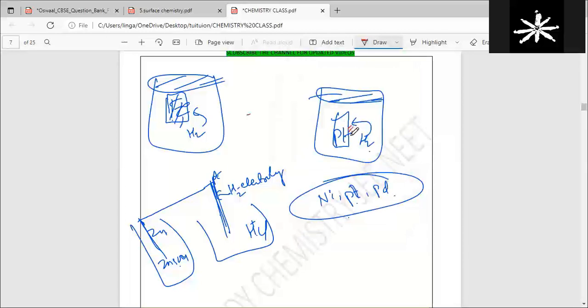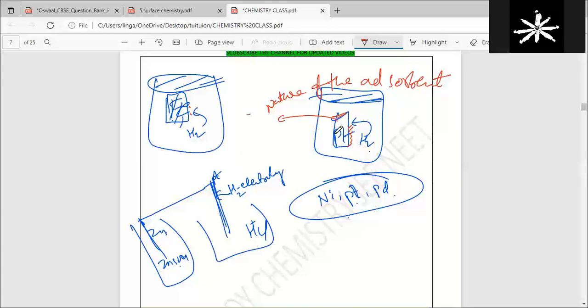Here more adsorption is there. Here almost no adsorption. So from this, what is our observation and conclusion? Nature of the adsorbent is important. Nature of the adsorbent is also influencing the adsorption.